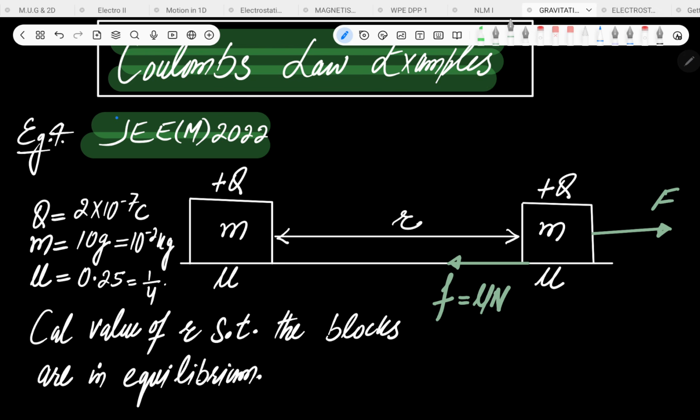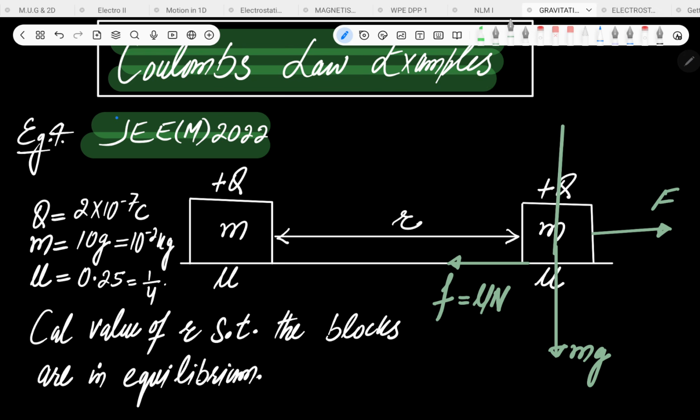It is normal reaction. Is there any force on this block? Yes, of course. In the vertically downward direction, there will be one more force, and that is called M into G. In the vertically upward direction there will be one more force, and that force is famously called the normal reaction.